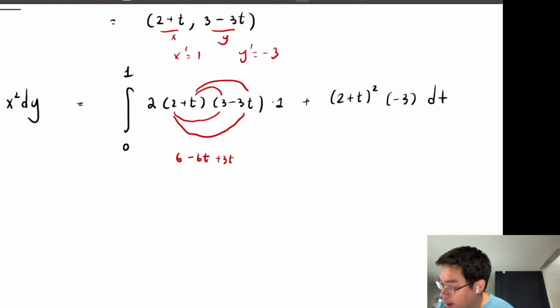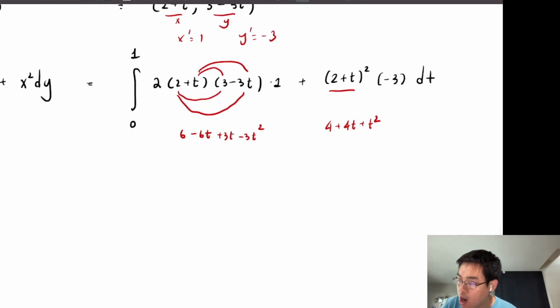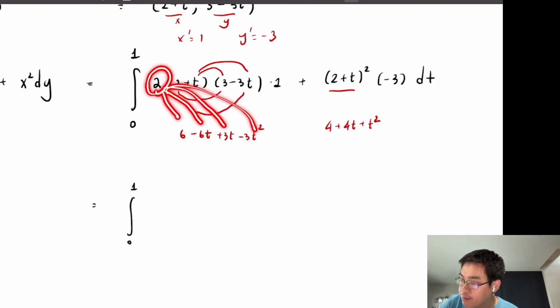And then back to back, you get minus 3t squared. This one, you would get 4 plus 4t plus t squared. That's what you get from front squared plus 2 times front times back plus back squared. All right, everything multiplied by minus 3 on the back, and everything multiplied by plus 2 on the front.